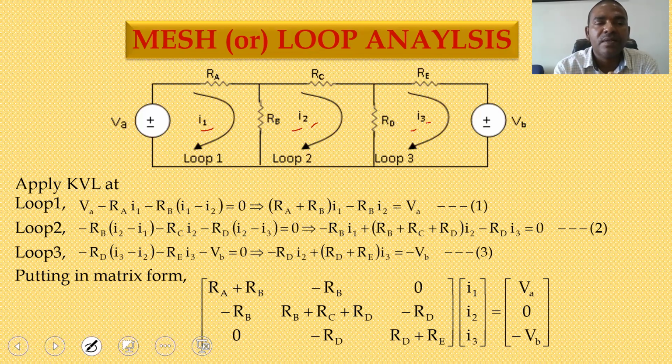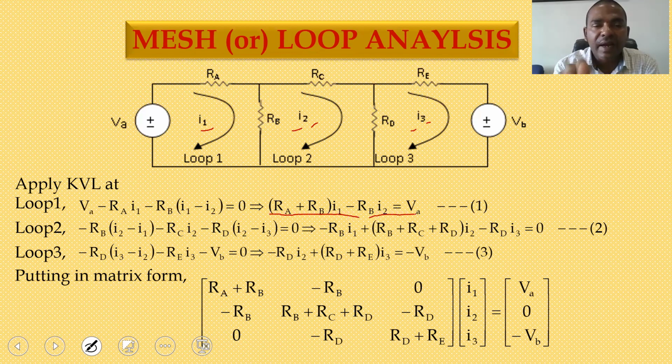The total summation of voltages is equal to 0. Finally, you get (RA plus RB) into I1 minus RB into I2 is equal to VA. This is your first equilibrium equation.